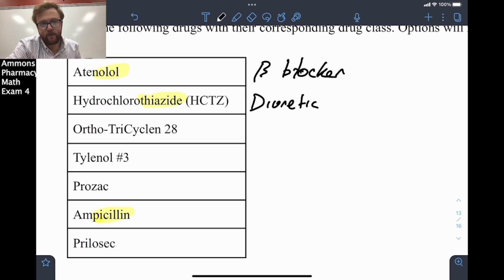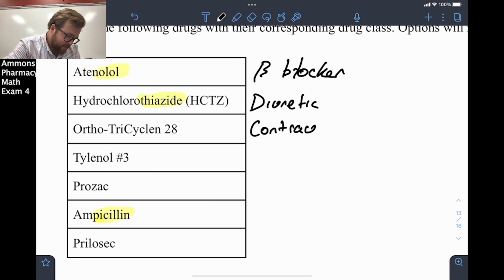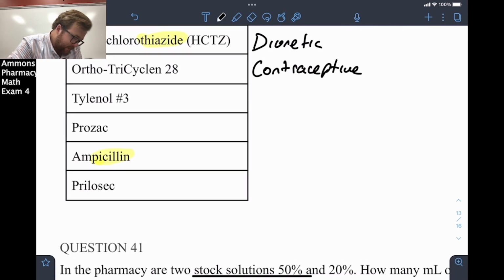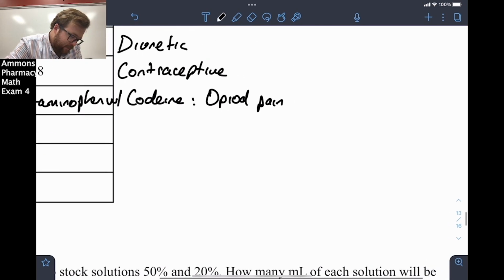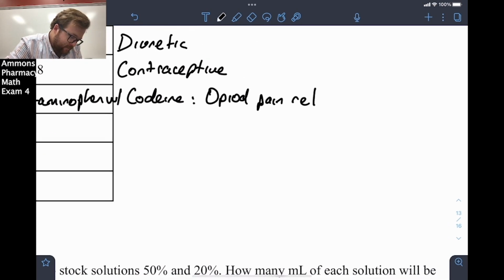So people use it for water loss. They call this a water pill. Orthotricycline is a contraceptive or birth control. Tylenol 3 is acetaminophen with codeine. And so if it has codeine, it is an opioid pain reliever or an analgesic.